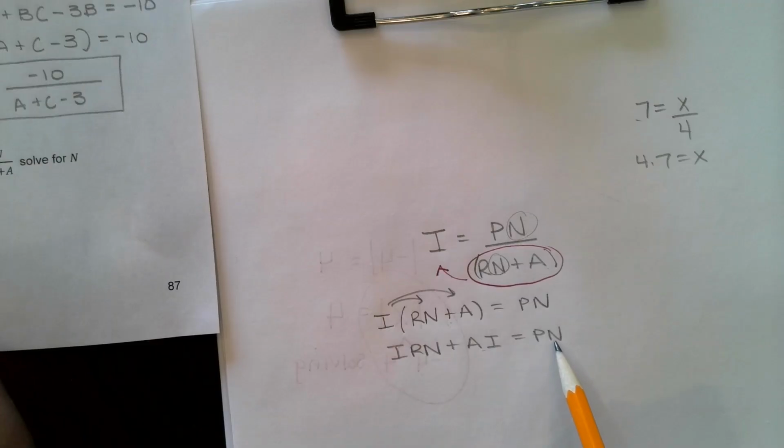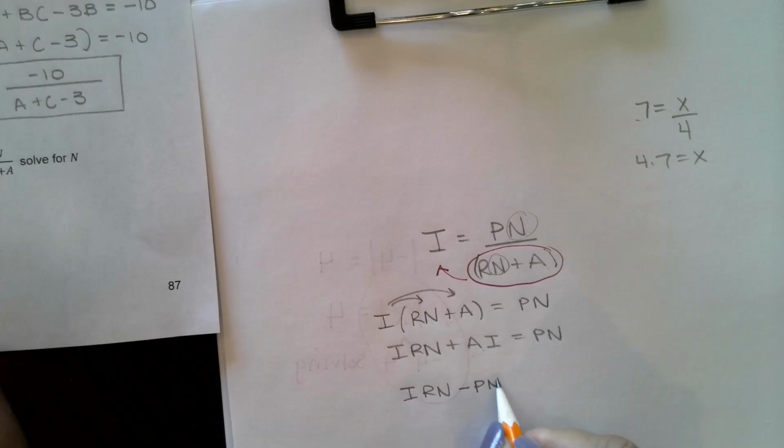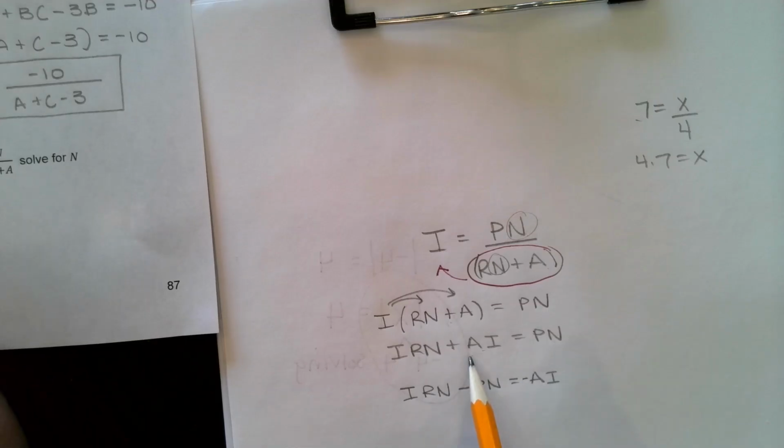So I'm going to move this n over here, and then this AI, which doesn't have an n, I'm going to move to the other side. So I have IRn minus Pn equals AI. No, it doesn't. Equals negative AI because I subtracted it. So IRn, subtract Pn, it comes over here. Subtract AI, it goes on the other side of the equation.